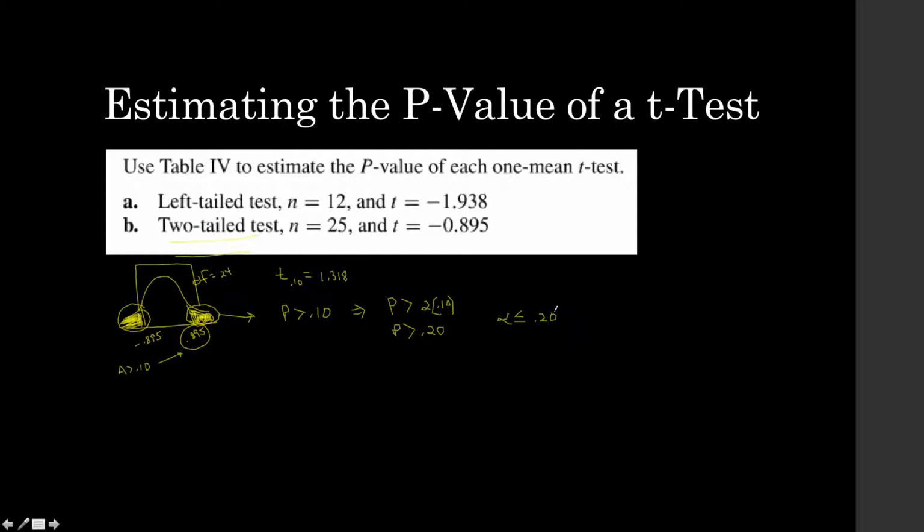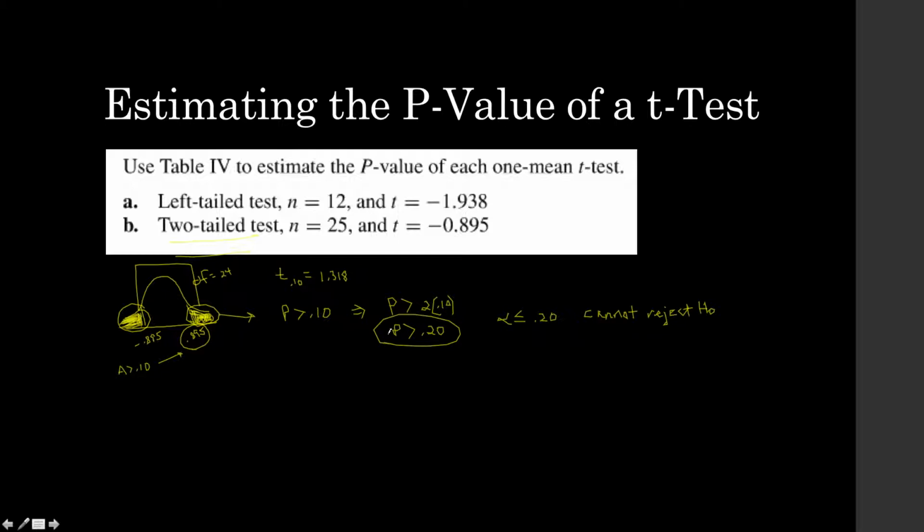So that would mean we cannot reject the null hypothesis. Now remember, alpha is our significance level. So if our significance level is less than or equal to 0.20, then our p-value is going to be greater than our significance level, and so we cannot reject.